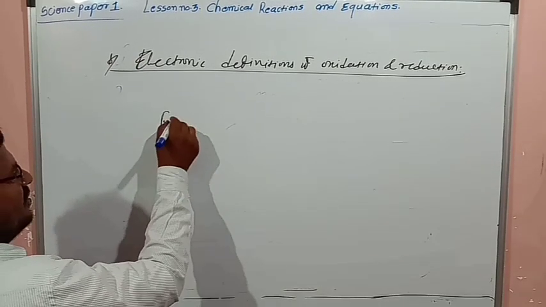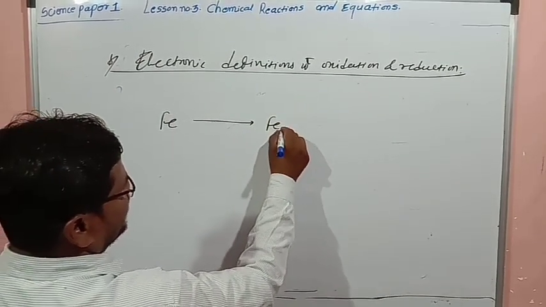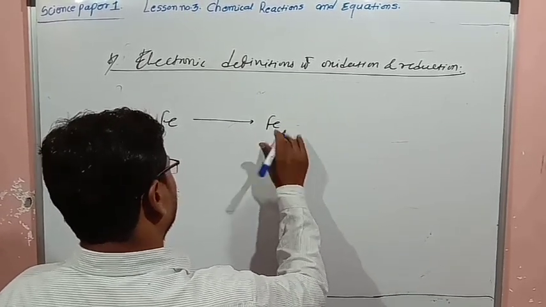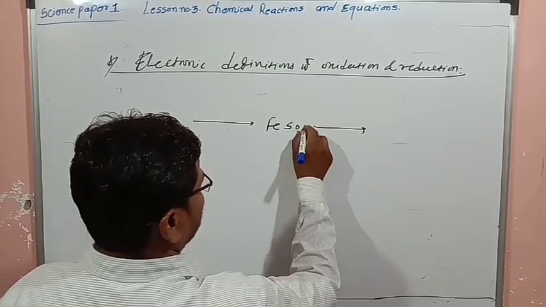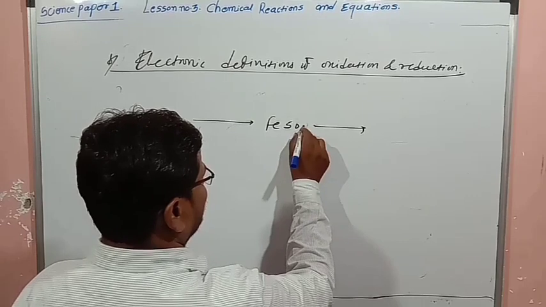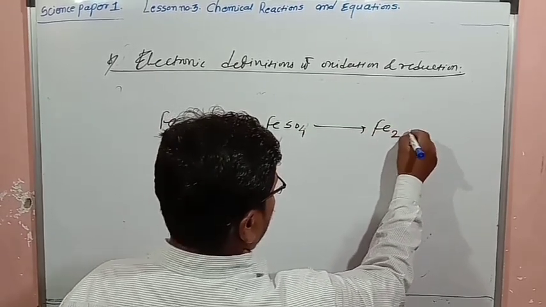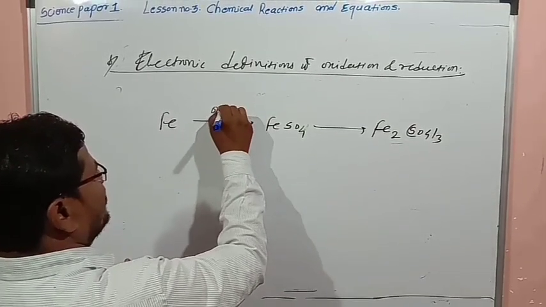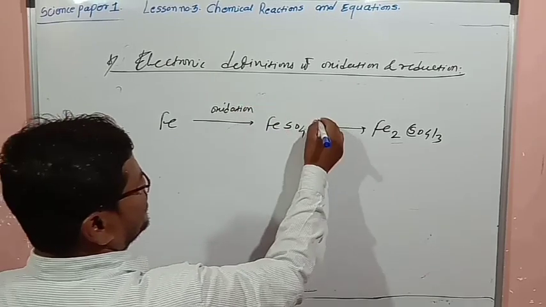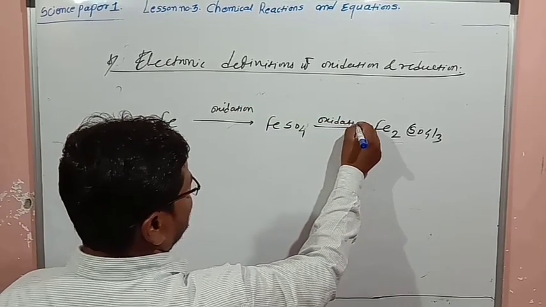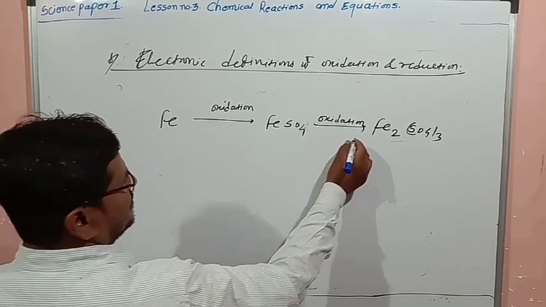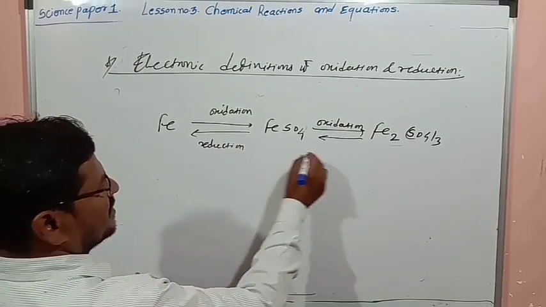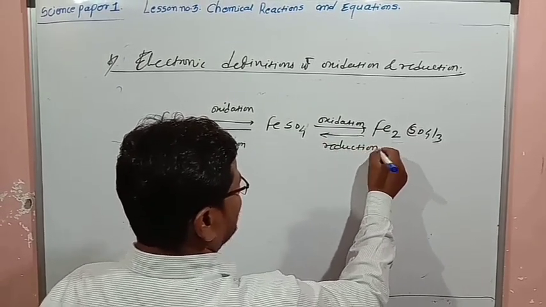We know Fe is converted to FeSO4, and FeSO4 is converted to Fe2(SO4)3. On the upper side these are oxidation, and the reverse reactions are reduction.